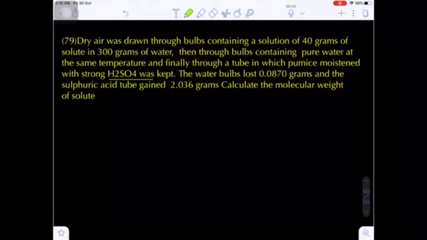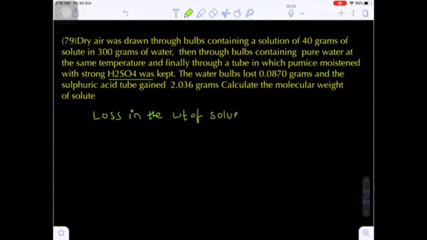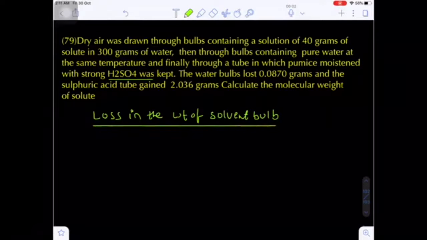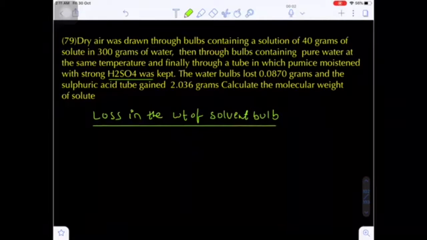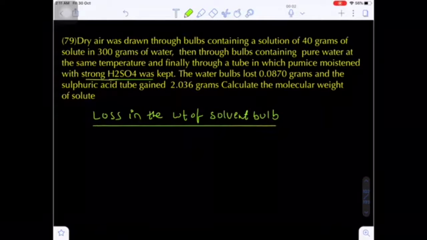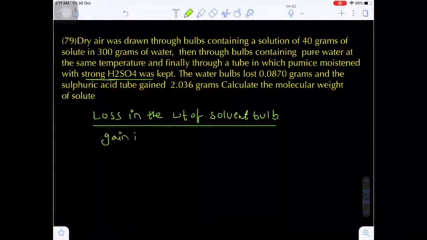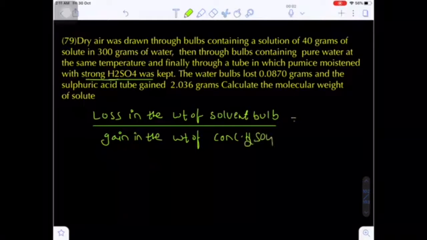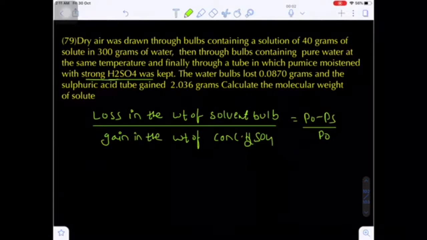Yes or no? Now first of all, the loss in the weight of the solvent bulb, whole divided by the gain in the weight of a U tube. Instead of a U tube, here we have sulfuric acid. That's why I am writing, gain in the weight of concentrated sulfuric acid will be equal to P0 minus Ps upon P0.